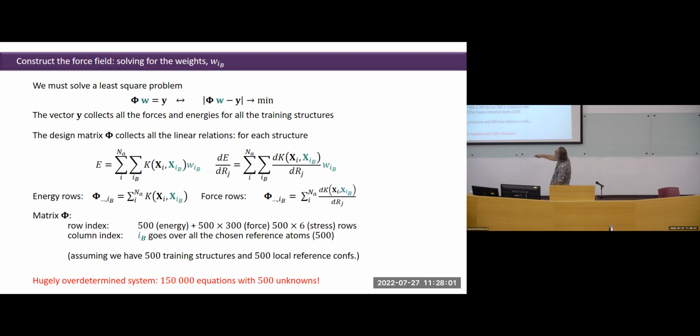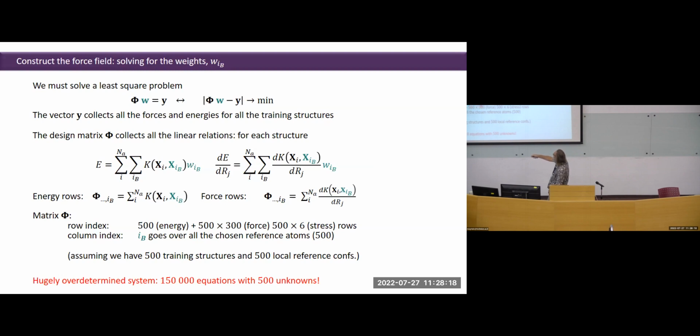So if you look at the dimensions of this matrix, we have a number of rows. What did we say? We had something like 500 energies. If we have 500 training structures, we have 500 energies.